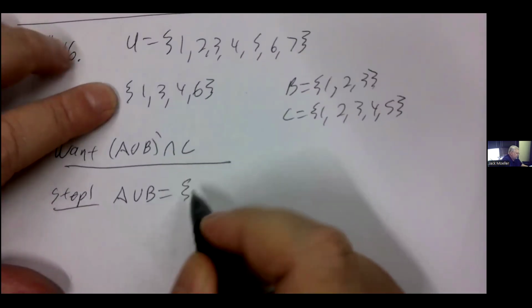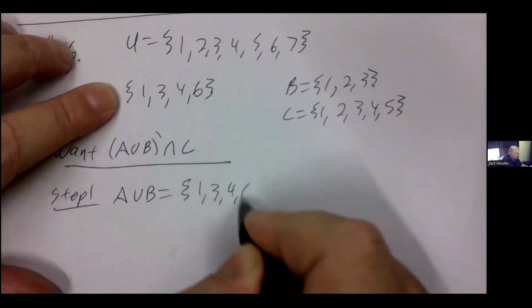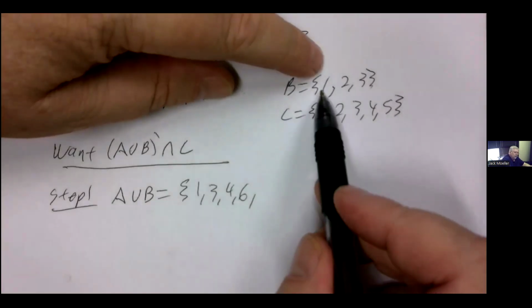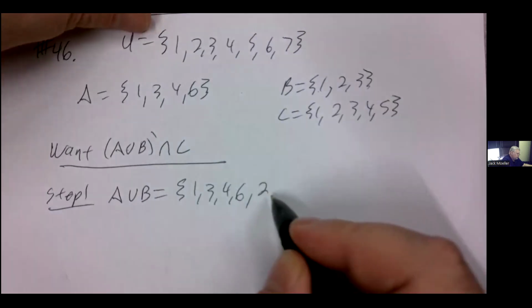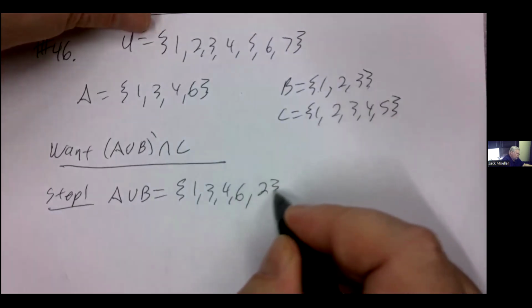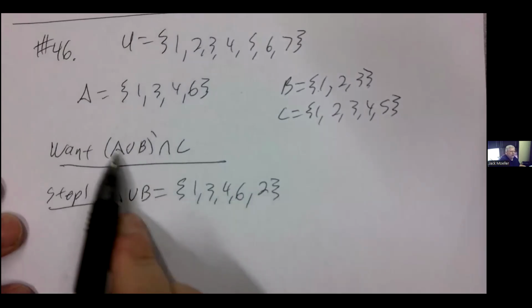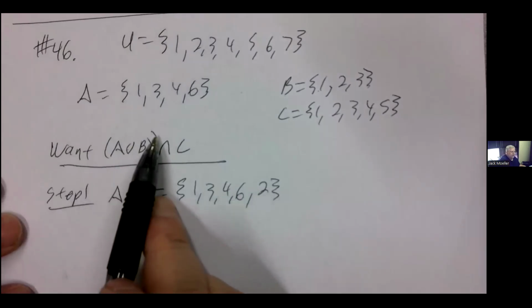So union is everything of those sets. So list everything in A. So 1, 3, 4, 6. And then go to B and list anything we haven't listed. We already have 1. We don't have 2. And we already have 3. So the A union B is 1, 3, 4, 6, 2. So we took care of inside the parentheses. Now we go to exponents, which is our complement.